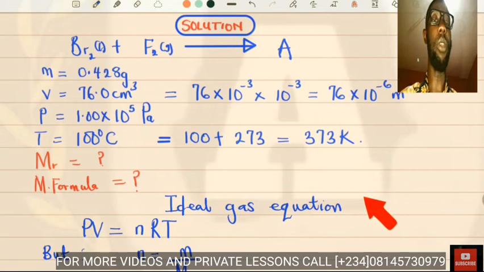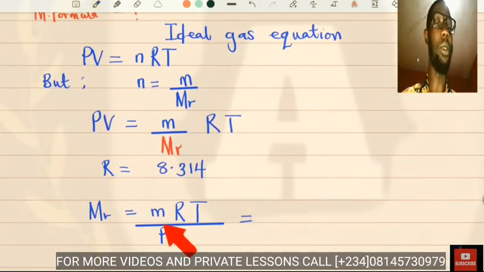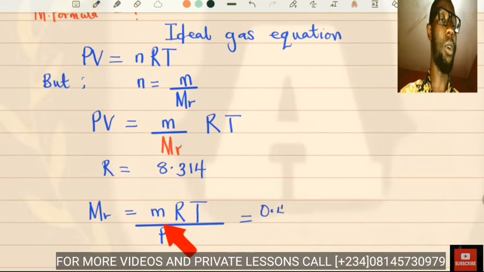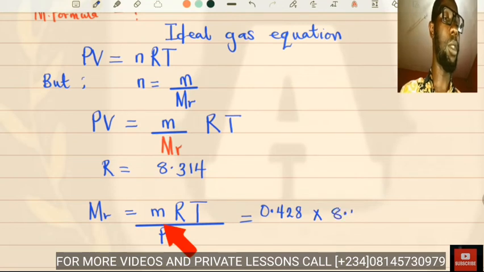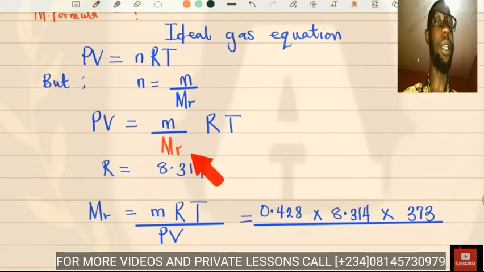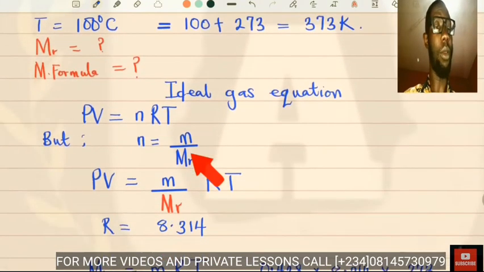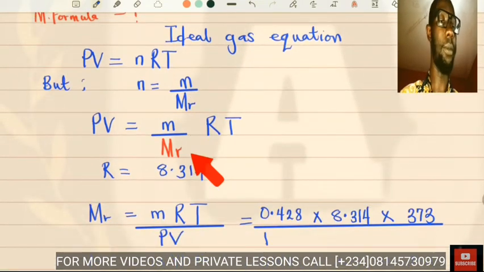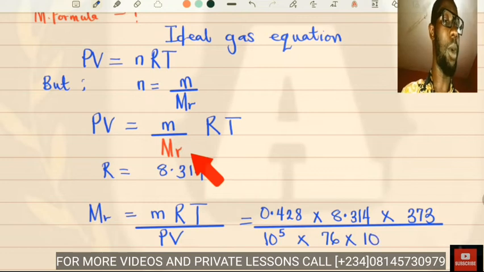We write 0.428 in place of mass, multiplied by the molar gas constant 8.314, multiplied by the temperature, which is 373, divided by the pressure, which has been given as 100,000, which is 10 raised to the power of 5, and the volume is 76 multiplied by 10 raised to the power of -6.